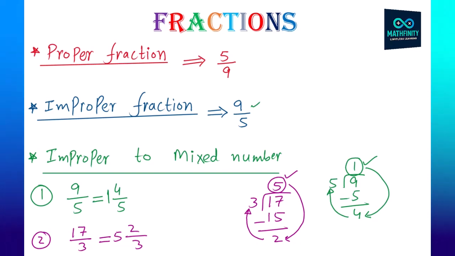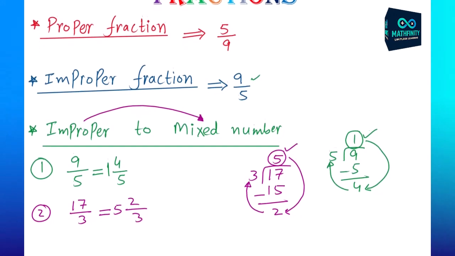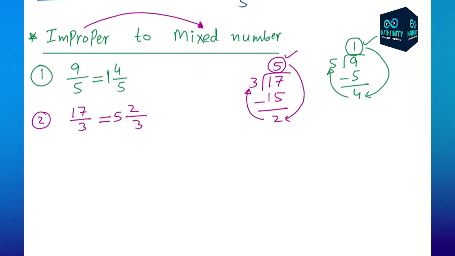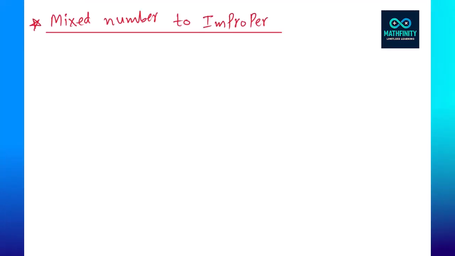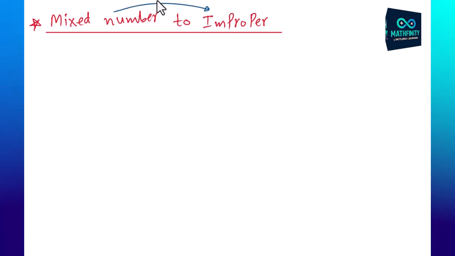Hopefully till here guys you understand how to convert from improper to mixed number. After this, the reverse process also we have to learn, from mixed number to improper.